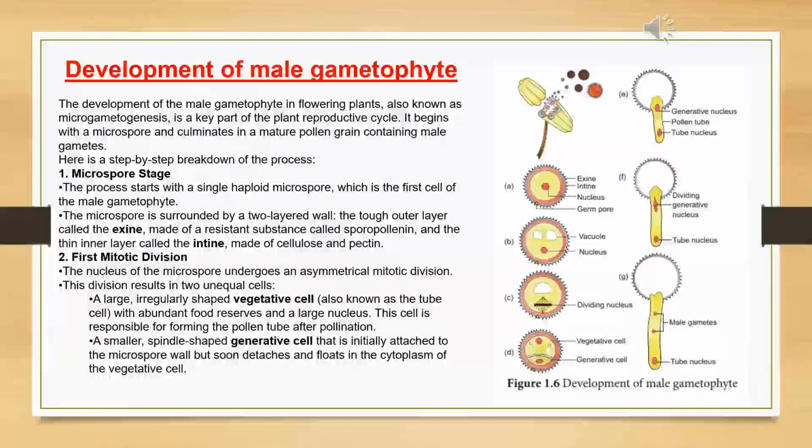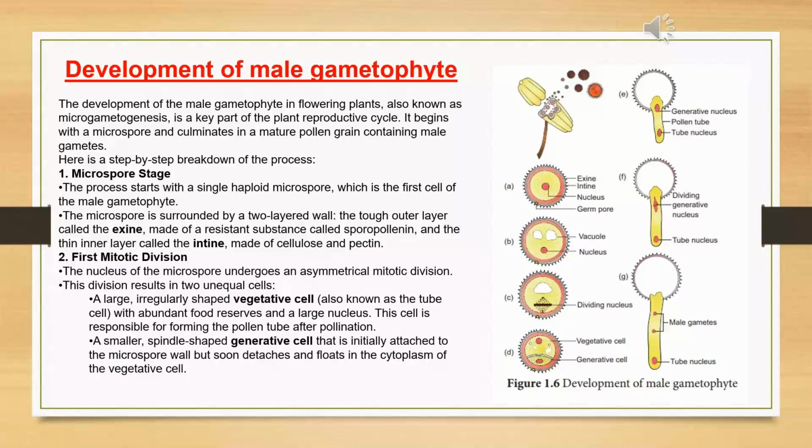The second one is the first mitotic division. In this process, the nucleus of the microspore undergoes an asymmetrical mitotic division. This division results in two unequal cells. A large, irregularly shaped vegetative cell, also known as the tube cell, with abundant food reserves and a large nucleus.